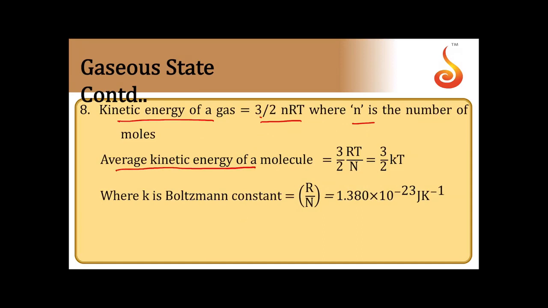So 3 by 2 R by N into T, so 3 by 2 KT, where K is called Boltzmann constant, R by N. We substitute the value of R divided by Avogadro's number and get 1.38 into 10 to the power of minus 23 joule per Kelvin. This is the numerical value of the Boltzmann constant, 1.380 into 10 to the power of minus 23.